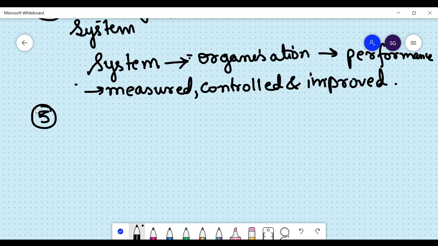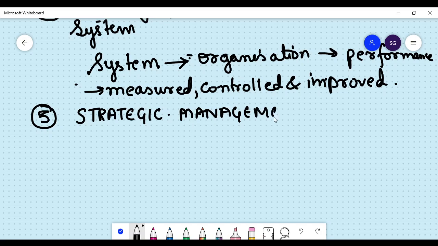Next point, strategic management accounting.